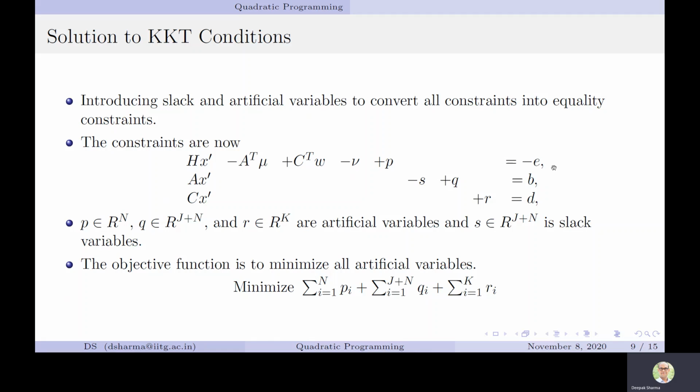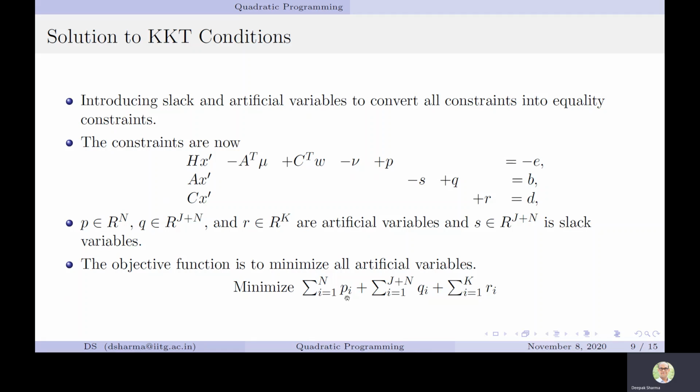Since all of them are KKT conditions, here the objective function, as we remember from the two-phase method: in phase 1, our objective is to remove all the artificial variables. Therefore, we minimize all the artificial variables, as you can see at the bottom.